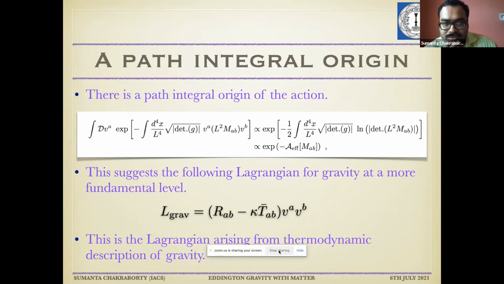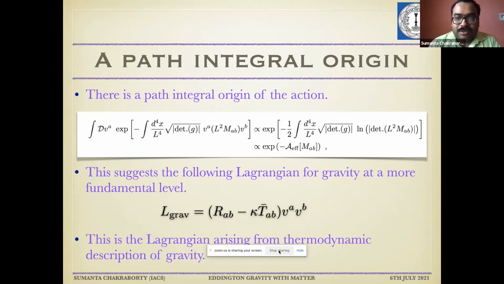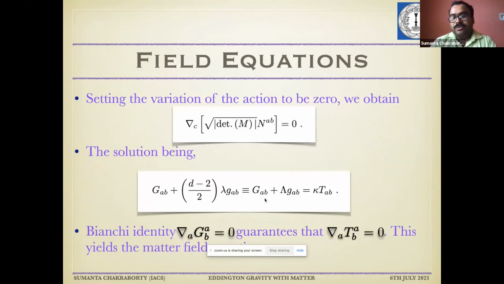Why does the cosmological constant come out to be only positive? That is because when I'm doing this particular path integral, I should get out this determinant of MAB. Now, if I go back to the field equations, a few slides ago, RAB plus lambda GAB, you can show that RAB minus kappa TAB will appear here as minus lambda times GAB.